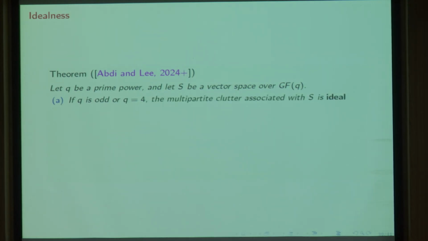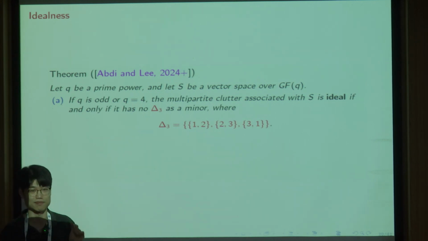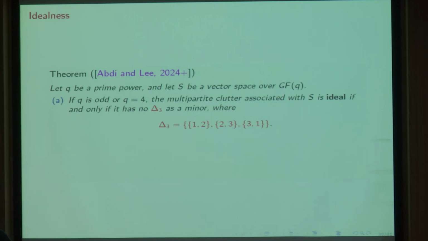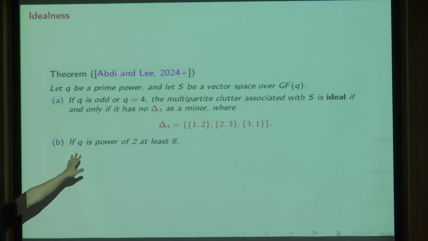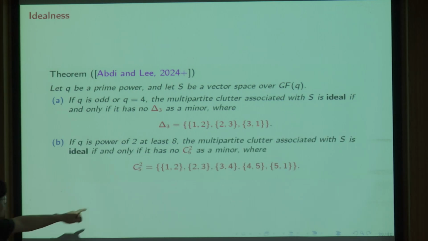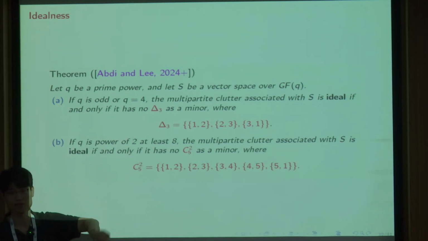The associated clutter is ideal if and only if it has this triangle clutter as a minor: 1, 2, 2, 3, and 3, 1. So all primes are done, and Q equals 4 is done. The remaining case is a power of 2 greater than 4. It is ideal if and only if it has C5-2 as a minor. This is a cycle of length 5.